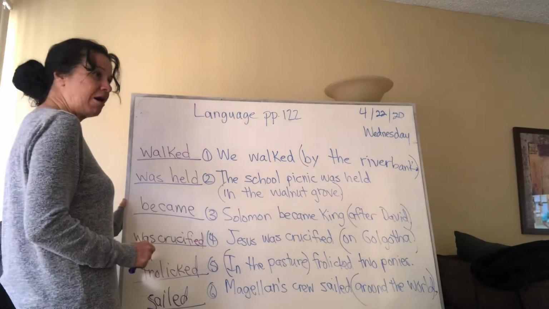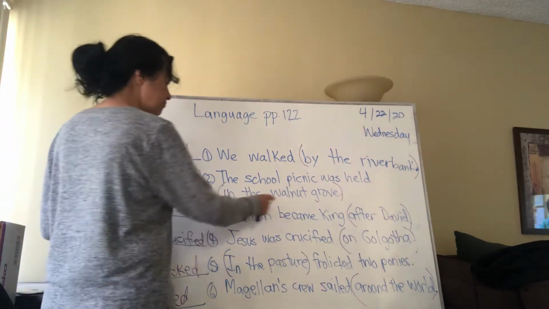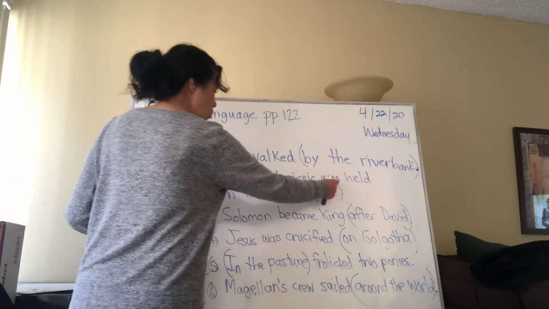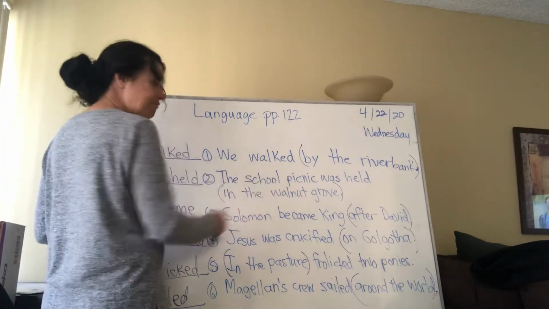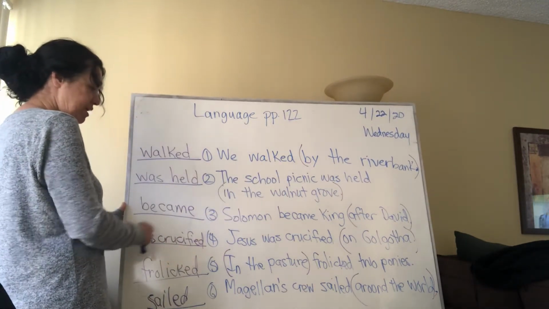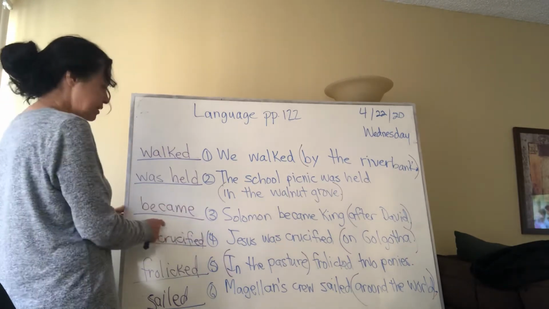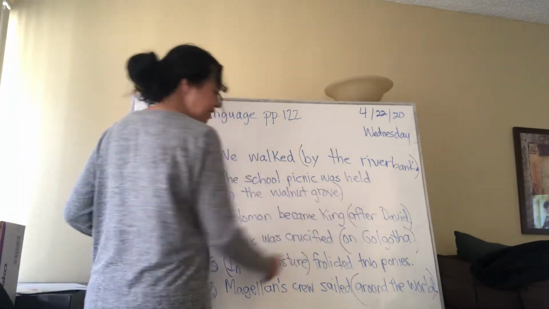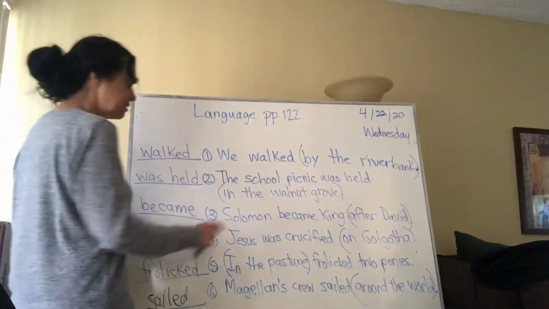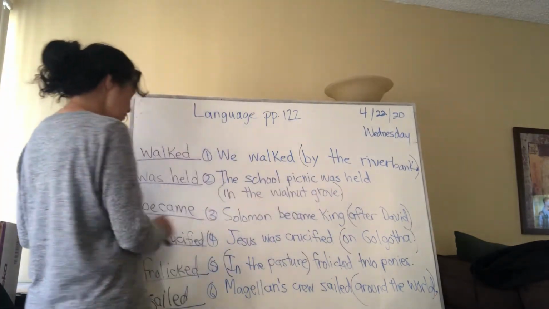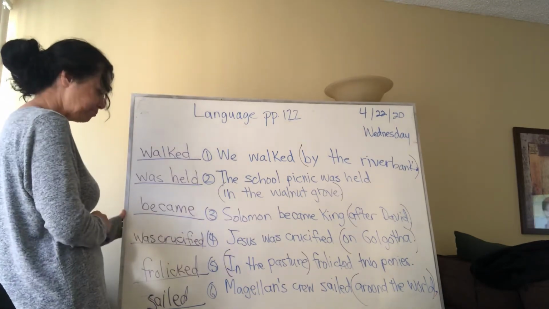Grove is our object. It's giving us details about was held. Was held is our verb, therefore it's an adverb, that prepositional phrase. All of these are adverbs. Solomon became king after David. After is our preposition. David is our object. After David is giving us details about the verb became.